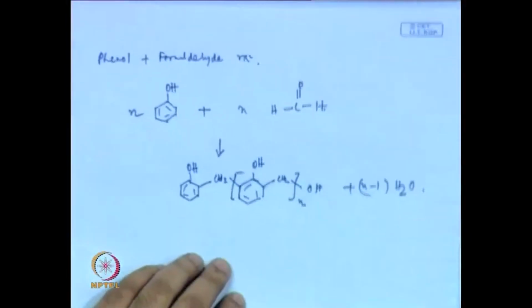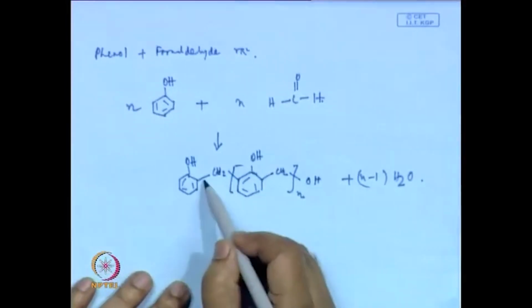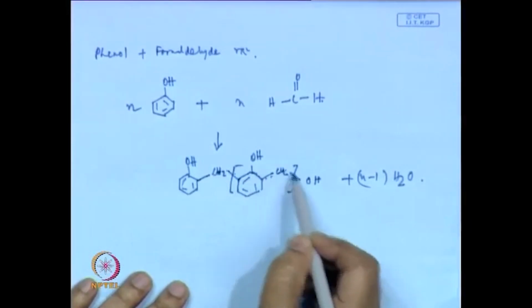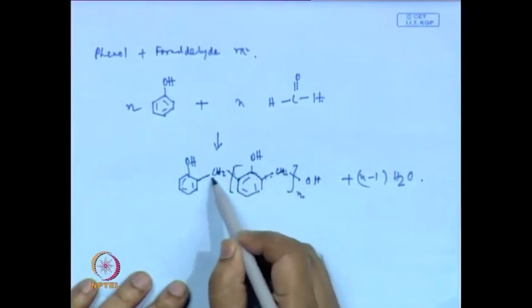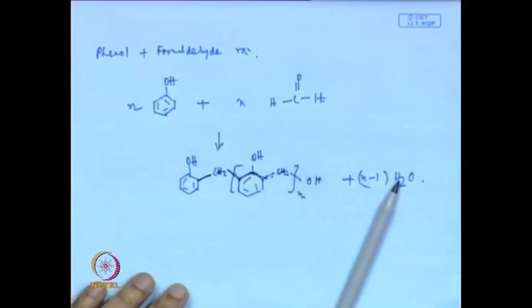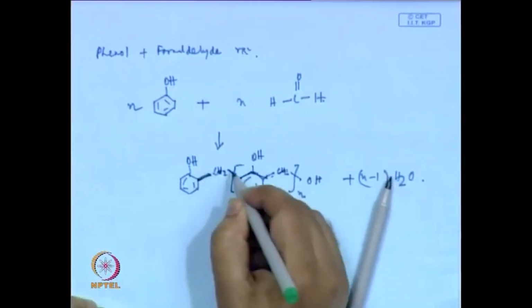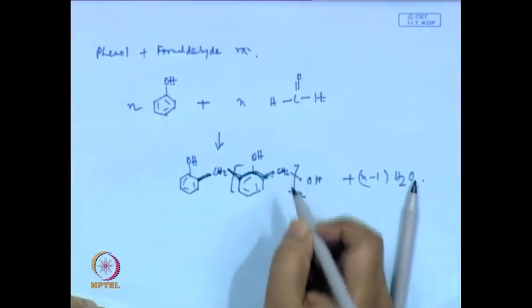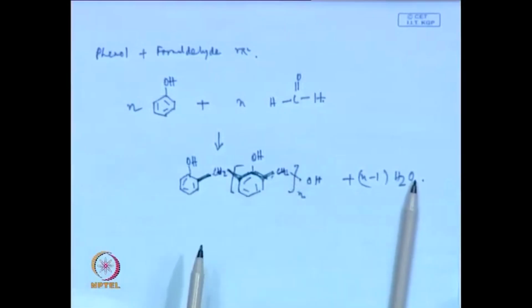If you talk about the backbone of these polymers, this is the backbone. Okay. So, this is the backbone in this case. What do you see here? There is no functional group in the backbone, this is all carbon.